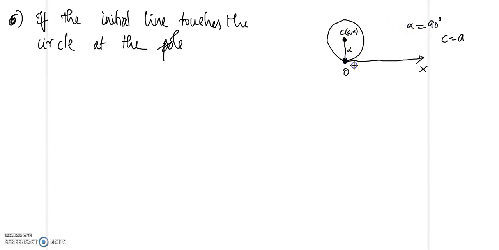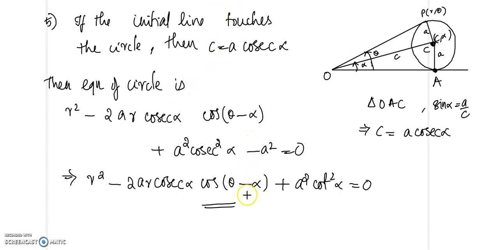So therefore the equation will become, alpha will be equal to 90 degrees, and now let us substitute this into the previous equation we have got. Substitute alpha equal to 90 degrees in the previous equation. When alpha is 90 degrees, cosec 90 will be equal to 1.